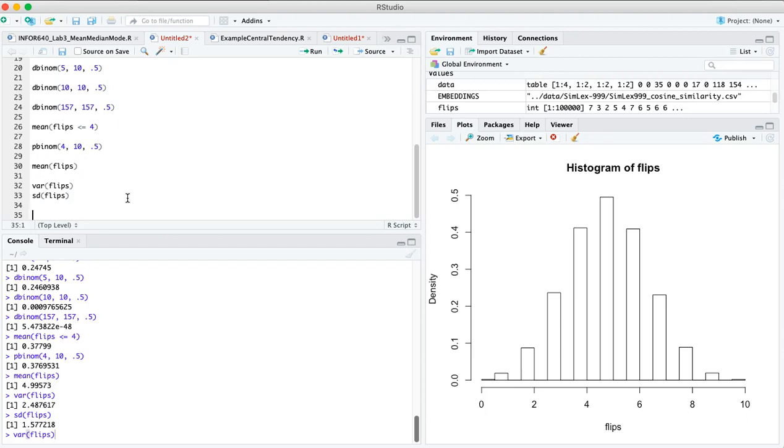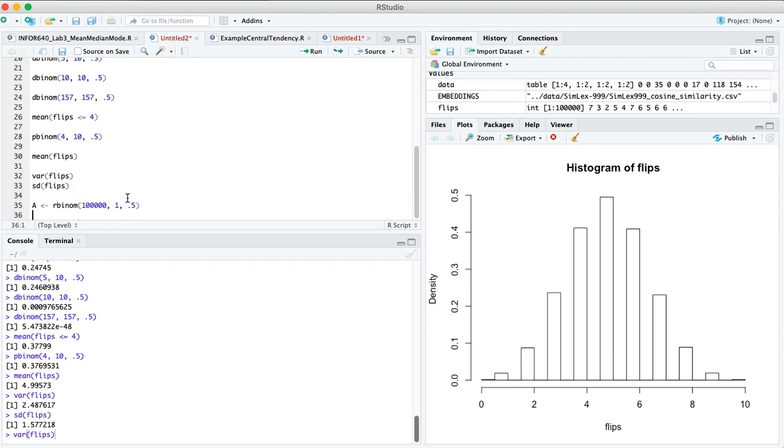So we're going to set A, we're going to run an experiment with A. We're going to assign it to our binom, where we have, again, 100,000 flips. Just have one event here and a fair coin.